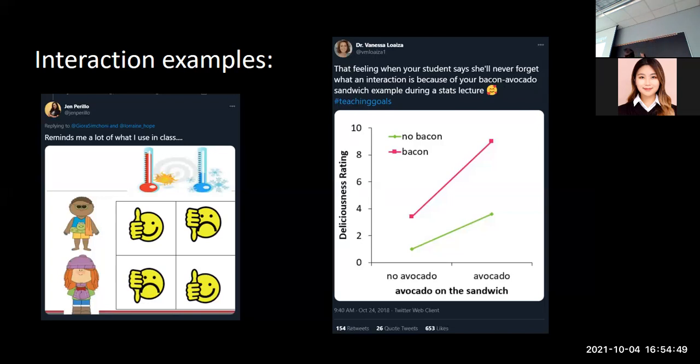So with no bacon, we have 1.5 as the difference, which is a slope. So 1.5 is our first slope. What about when there is bacon?